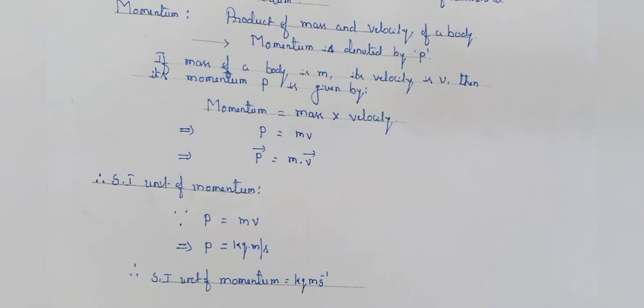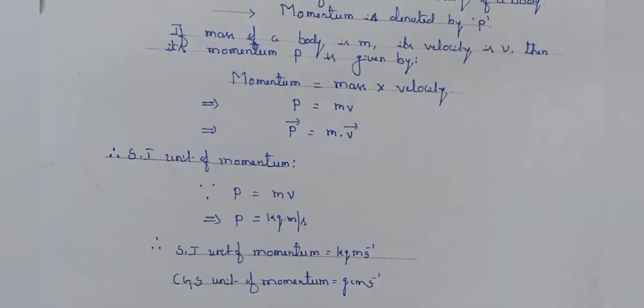The SI unit of mass is kg and the SI unit of velocity is meter per second. Therefore, the SI unit of momentum is kg meter per second. The CGS unit of mass is gram and velocity is centimeter per second. Therefore, the CGS unit of momentum is gram centimeter per second.